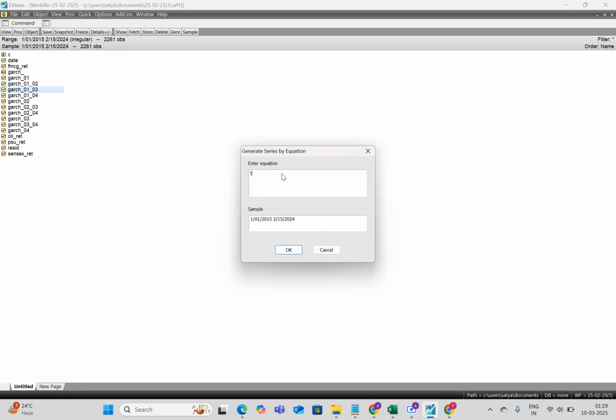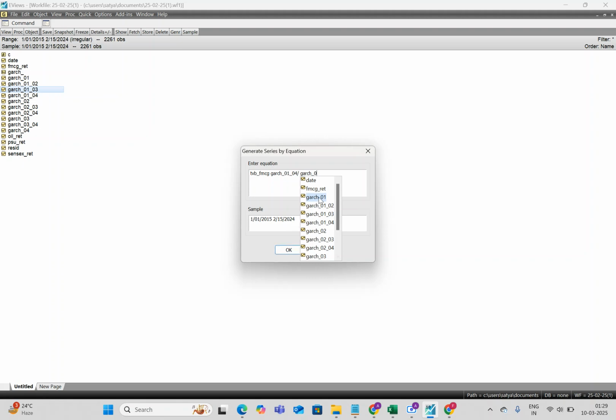So let us do TVB of FMCG, time varying beta of FMCG. So this will be GARCH 1-4 divided by GARCH 1.